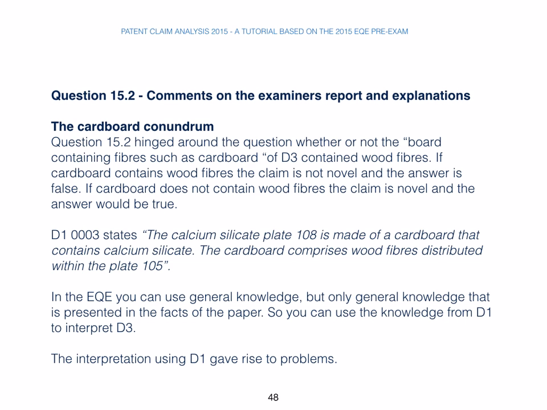In the EQE, and that's a golden rule that you have to apply, especially in the opposition paper, you can use general knowledge, but only general knowledge that is presented in the facts of the paper. So in the present case, you can use the knowledge from D1 to interpret D3. However, this interpretation gave rise to some problems.